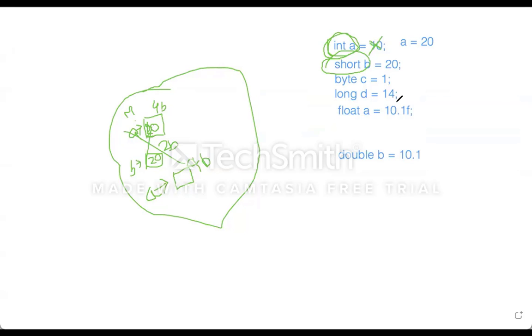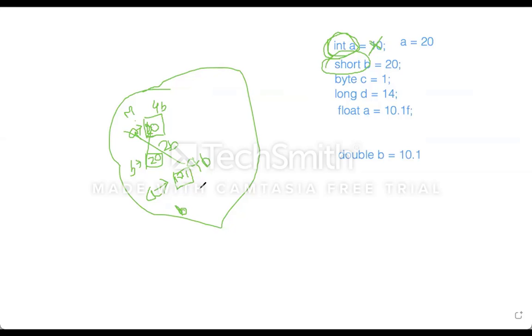And when you initialize it, you assign the value 10.1, and 10.1 would come to this particular block of memory. Obviously, in any memory, it's a binary representation. That's why we are talking about bits and bytes.